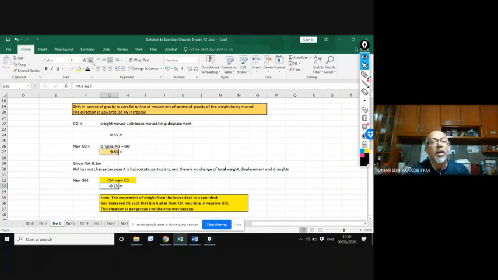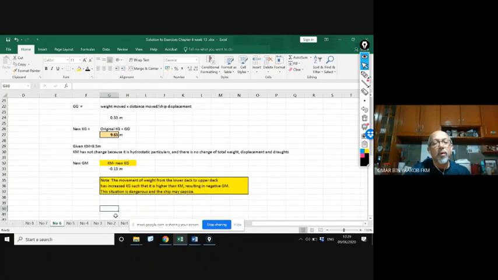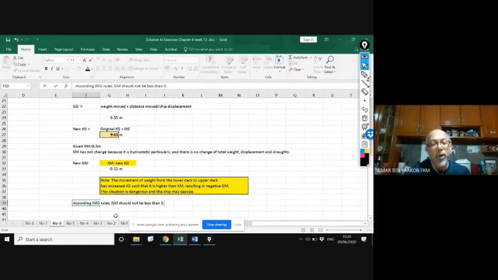In fact, this one you can take a note. I put a note here. According to IMO, International Maritime Organization rules, which you are going to learn in Navigation 2, GM should not be less than 0.15 meters.